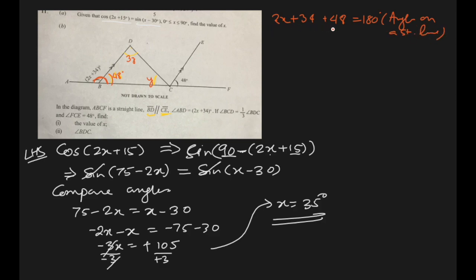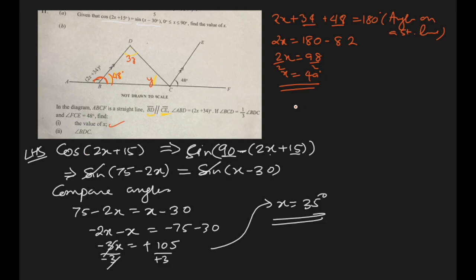Now we can solve this. 34 and 48 will be 82. So 2x equals 180 minus 82, so 2x equals 98. Dividing by 2, 49 degrees is the value of x.